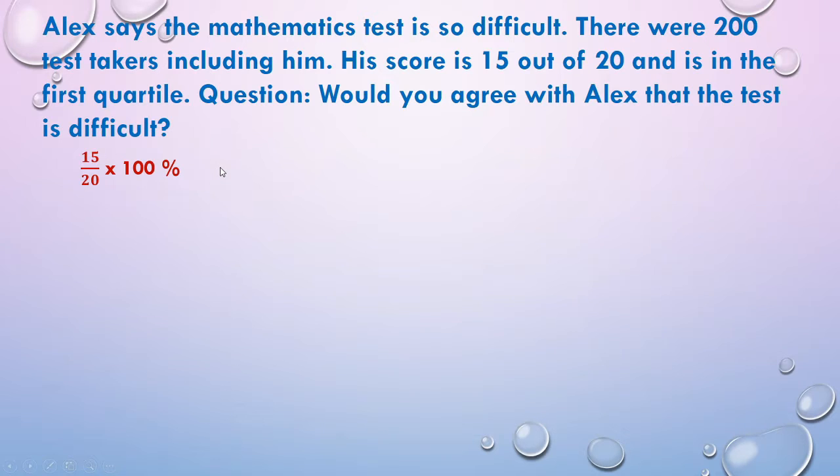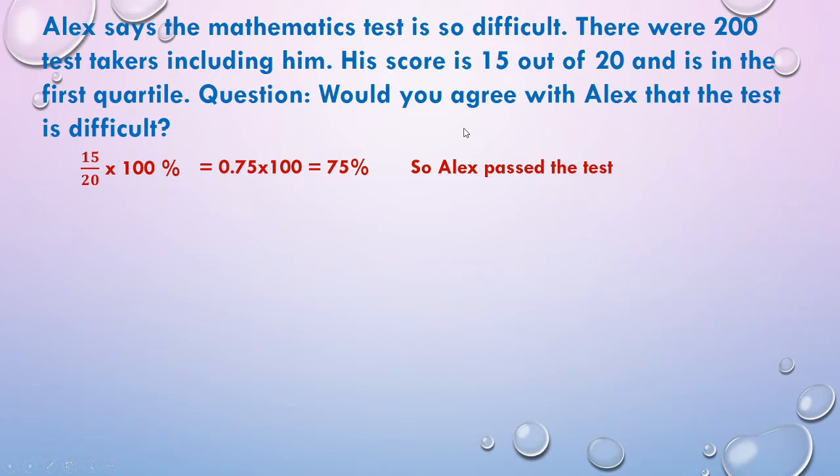Di ba ganyan ang pagkuha ng percentage form? 15 divided by 20 is 0.75 times 100 is 75%. Yan ang score ni Alex. Ibig sabihin, Alex passed the test. Pumasa naman pala si Alex eh. Bakit sabi niya mahirap ang test?